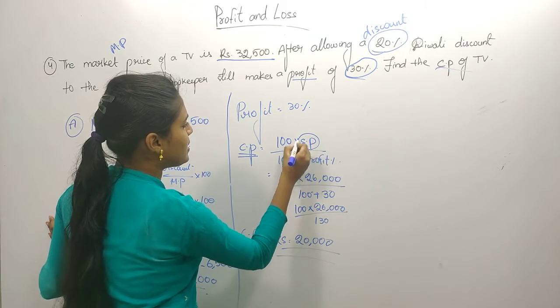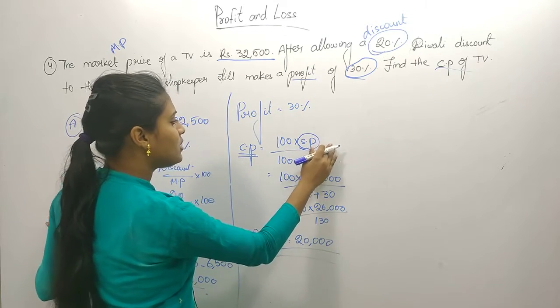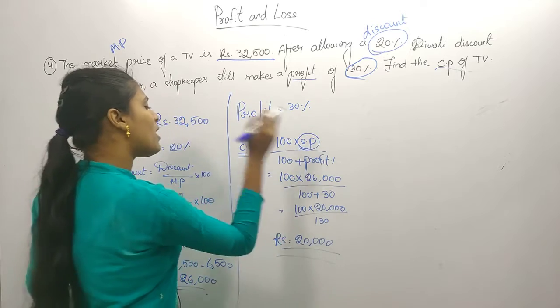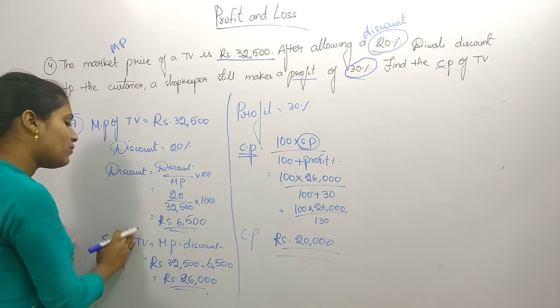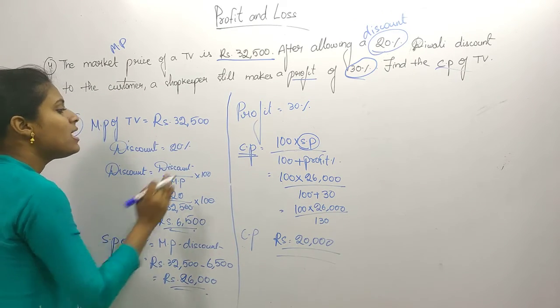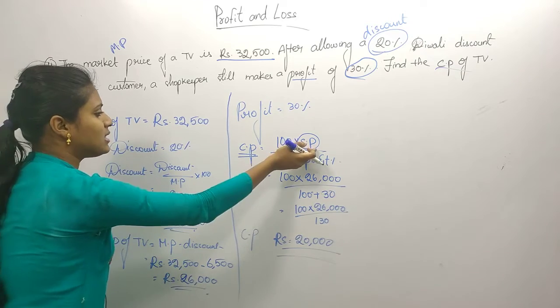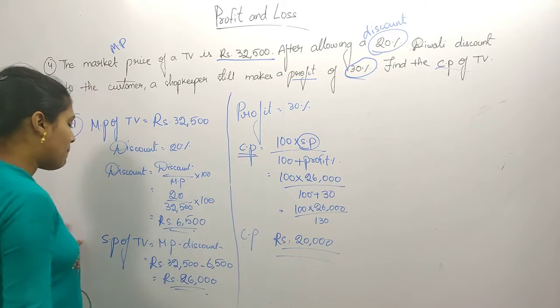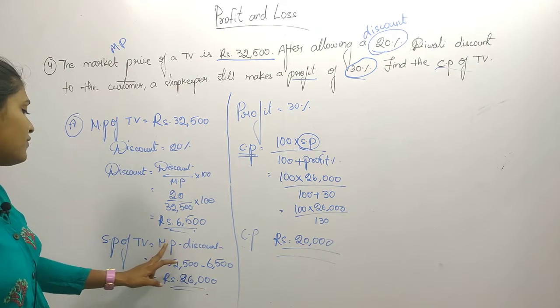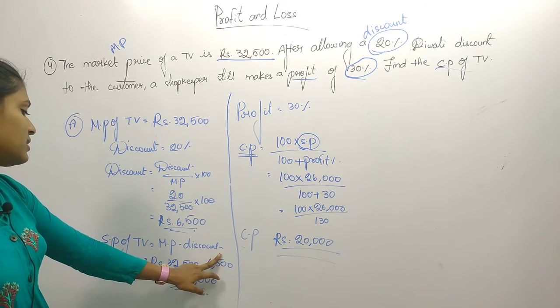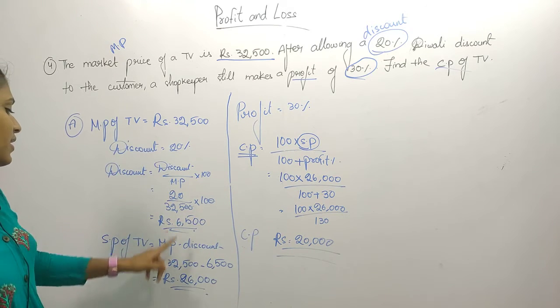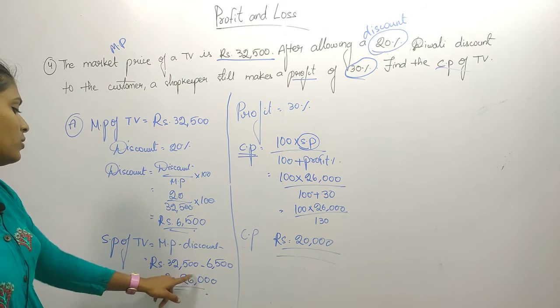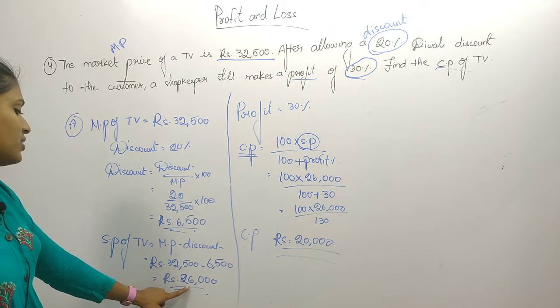Here the selling price is required, so we have to find the selling price also. Selling price means market price minus discount. Market price is given, discount we already found. By doing the subtraction, what answer will we get?